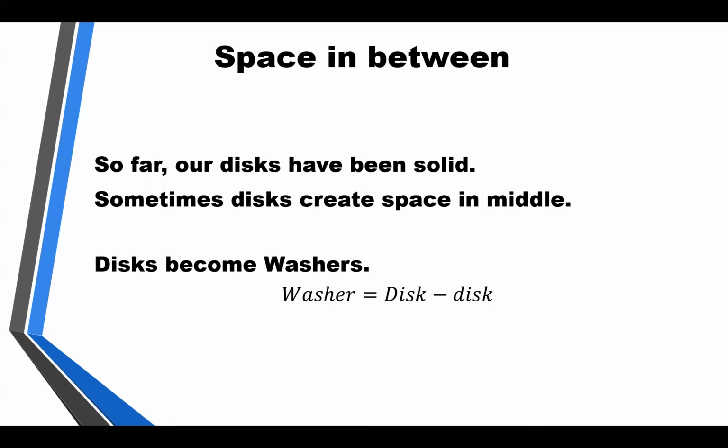So when we go to calculate the volume of an object, and that object has a hole in the middle, then it's going to be calculated by a washer, which is just a disk method minus another disk method.